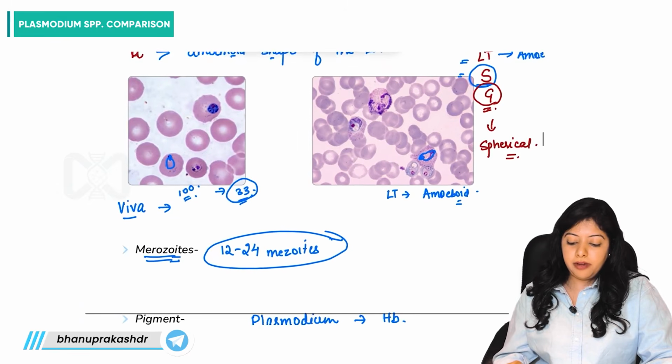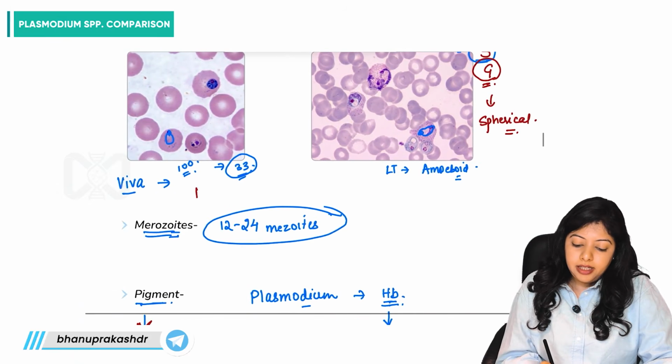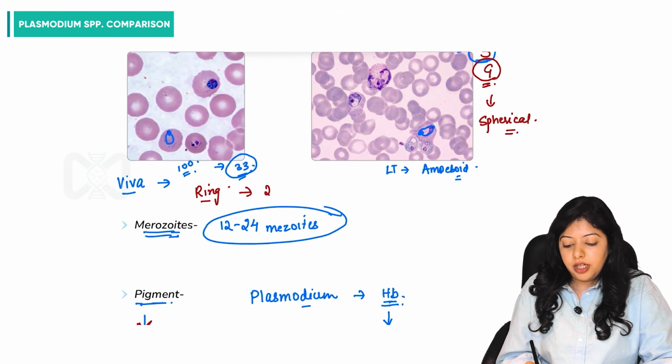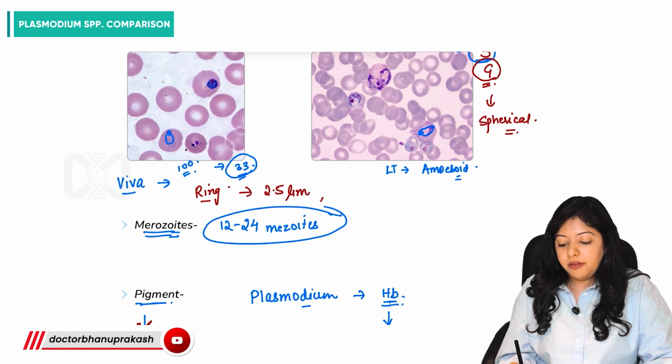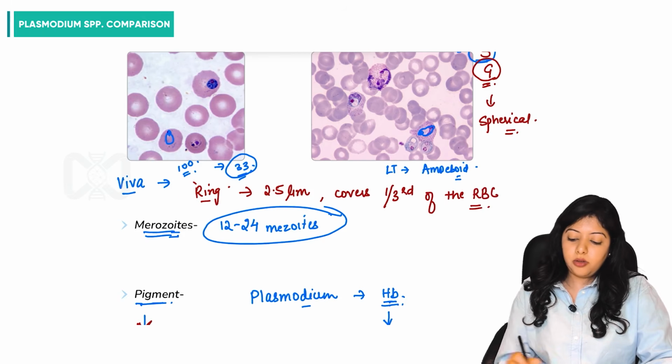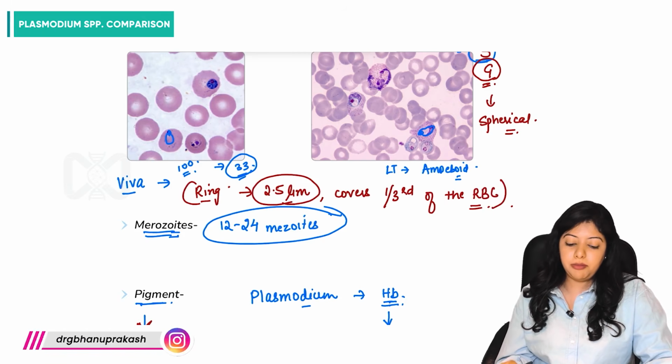And Plasmodium vivax, its ring is larger. It is 2.5 micrometer in size and it covers 1/3 of the RBC. These are also very important. Which ring is larger, which has a smaller ring, you must remember this.